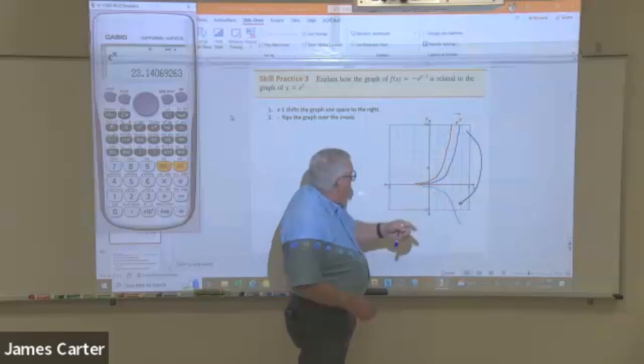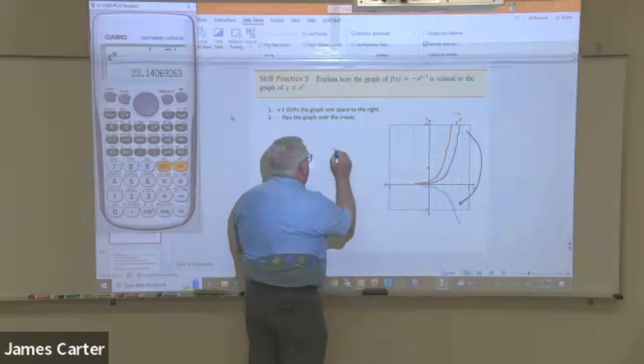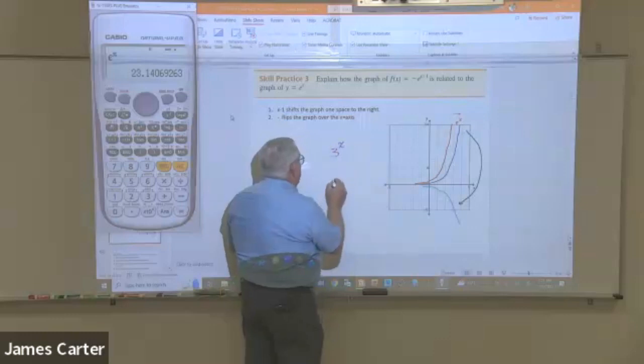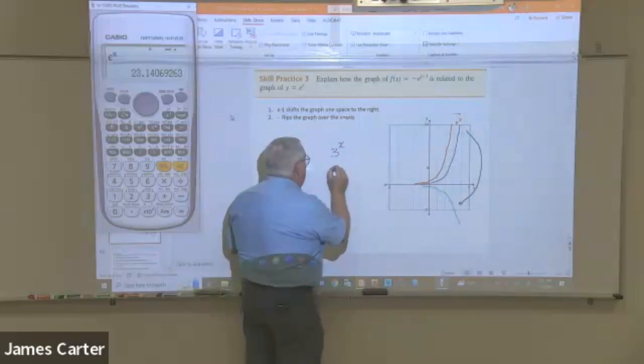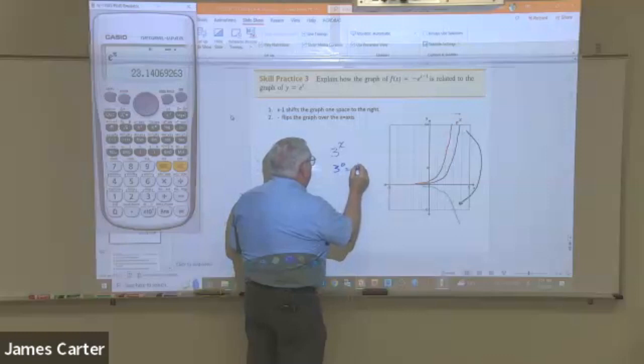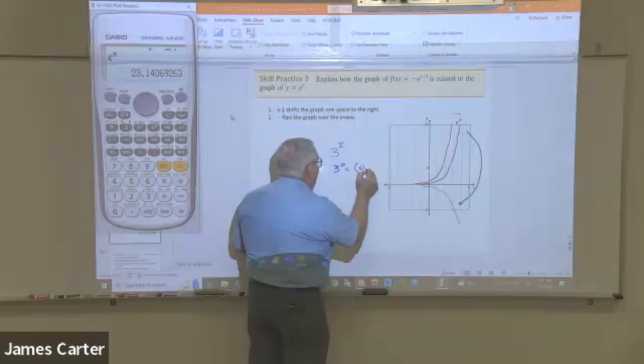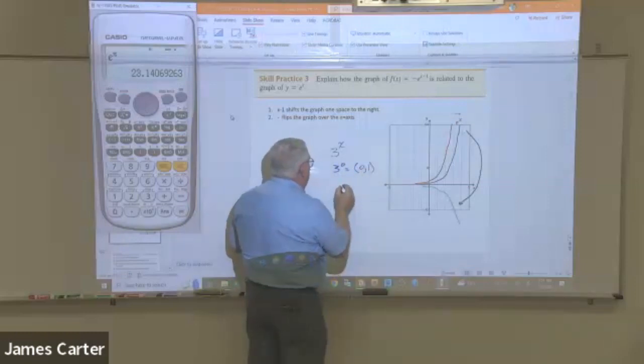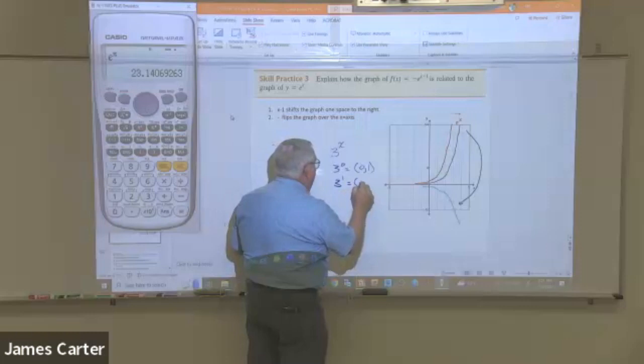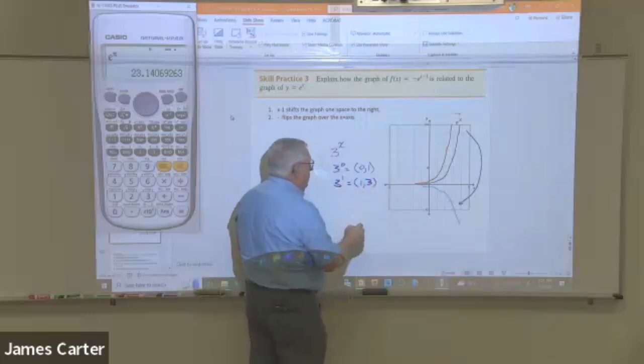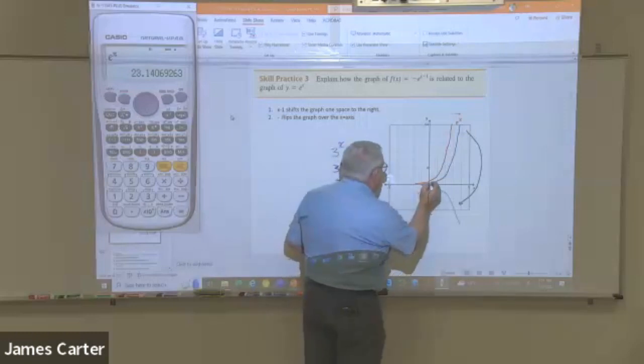If you had 3 to the x, if x is 0, you'd have the point 0, 1, or a y value of 1. If you have 3 to the first, then you would have the point 1, 3. Okay, so here is 1, 1, 2, 3.